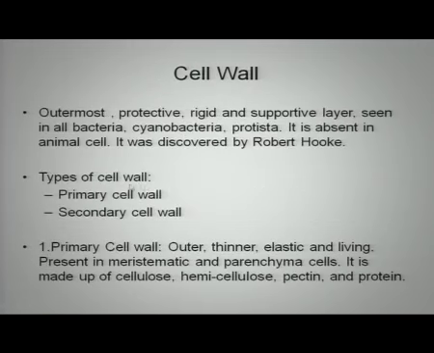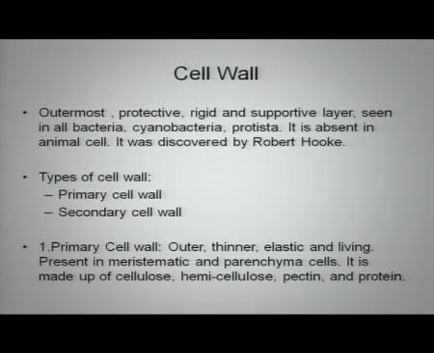Now coming to the cell wall, the outermost protective and rigid supportive layer that is seen in all the bacteria, cyanobacteria, protists and all the plant cells. It is absent in animal cells and it was discovered by Robert Hooke.